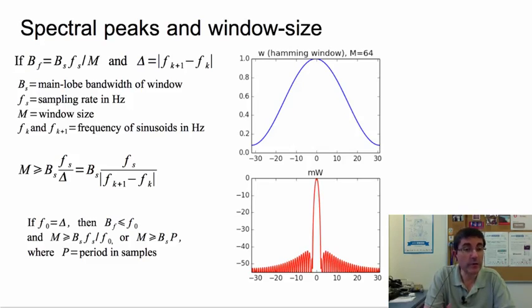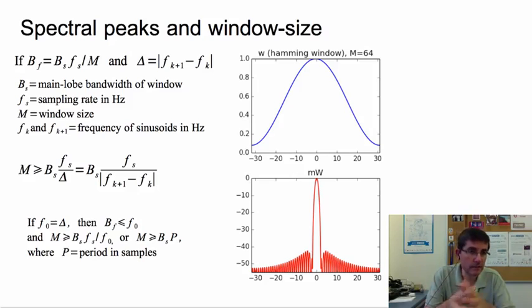To detect the spectral peaks, we have to understand the effect of the window. And the most important factor is the window size. One important concept is the bandwidth of the main lobe in the spectral domain.